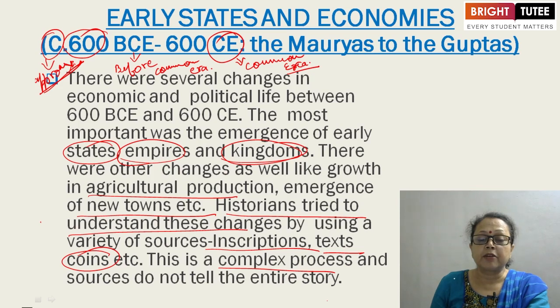It's a very complex process for the archaeologists or the historians. Suppose they are getting some of the inscriptions, written records from the temples, from the palaces, from the pillars, but then also it was not easy for them to understand by studying the coins which were used by the different rulers. They do not tell us the entire story about what actually happened during this 600 BCE to 600 CE.